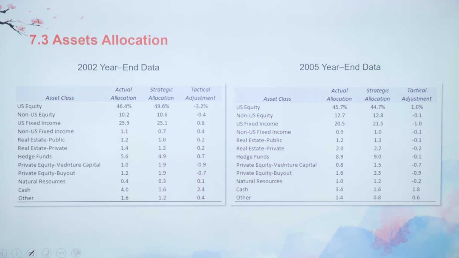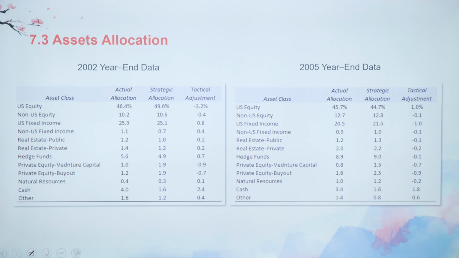So if you compare the data, you can find this trend. And the next is the opposite movement for U.S. fixed income, which saw its tactical position fall from an overweight of 0.8% to an underweight of minus 1%. So from the table, you can see that.